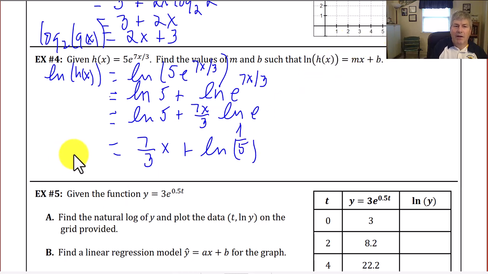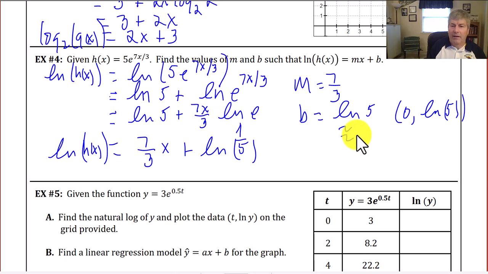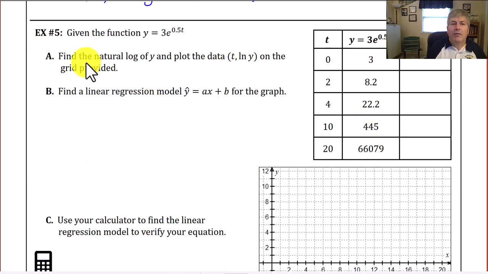And now I've got the natural log of h of x, where m is 7/3 and our b is the natural log of 5. That also would be our y-intercept, 0 natural log of 5. And the natural log of 5, you could put that in your calculator, and that's about 1.6094.